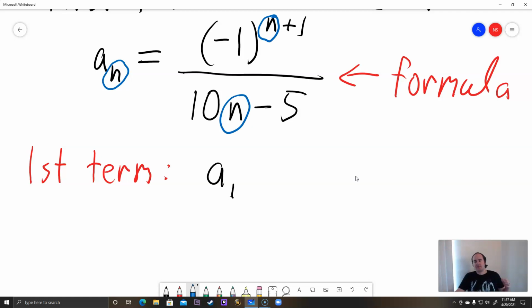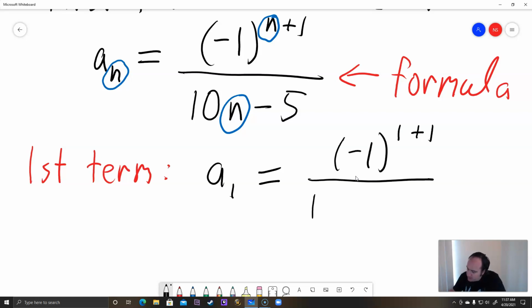And so basically a sub 1 is the same formula, it's just everywhere you see an n, you plug in 1 instead. Okay, that's going to give us the first term. So we get a sub 1, or a1, is (-1)^(1+1) all over 10 times 1 minus 5. Okay, so literally all we're doing there is we're plugging in 1 for n into the formula.